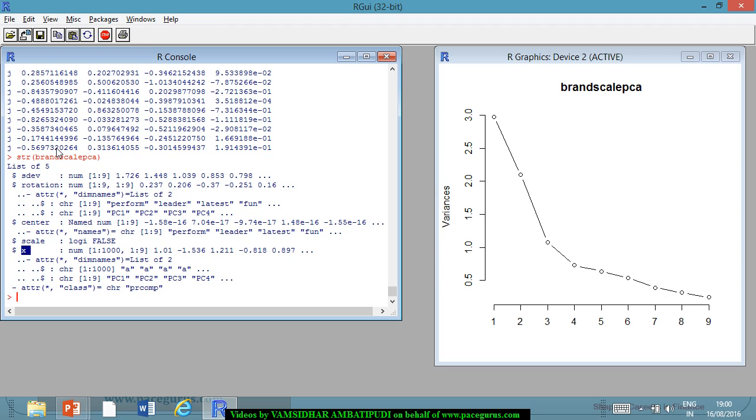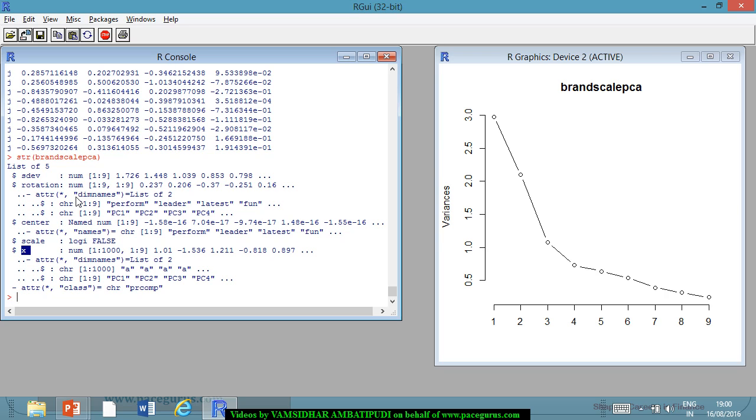If it had typically computed the components, what are the values that are associated with each of these components? So based on these components and based on the original data, it computes the values, and that is what the typical values are that we are getting for all these 1000 observations.